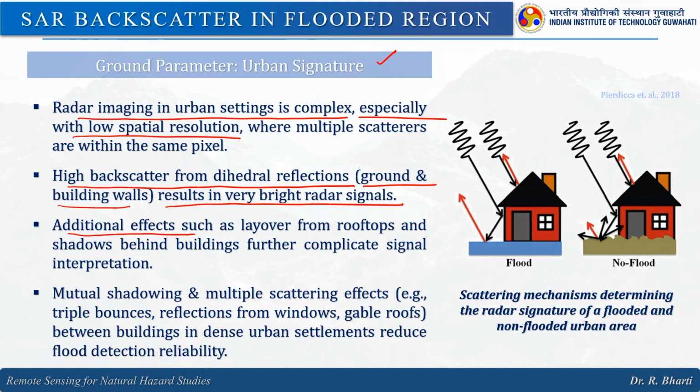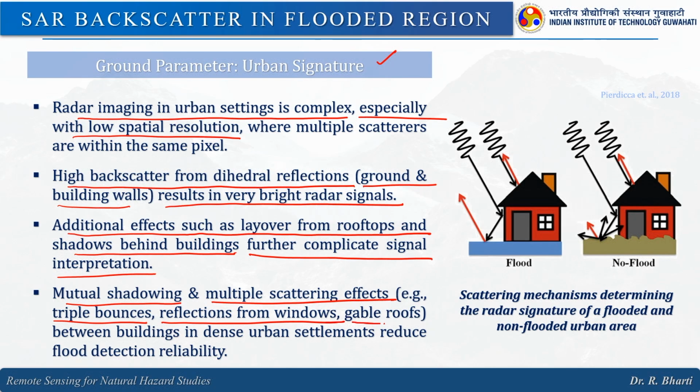Additionally, effects such as layover from rooftops and shadow behind buildings further complicate the signal interpretation. Mutual shadowing, multiple scattering effects, triple bounce, reflection from windows, gable roofs, these together cause multiple scattering, right, between buildings in dense urban settlements, reducing flood detection reliability.